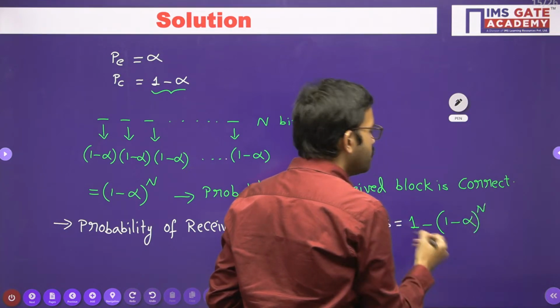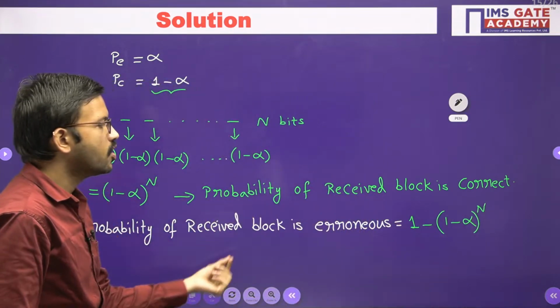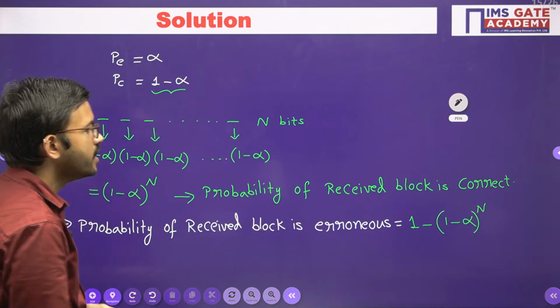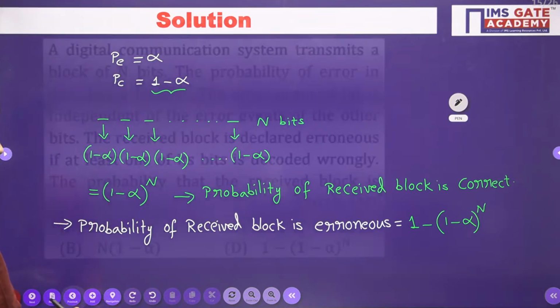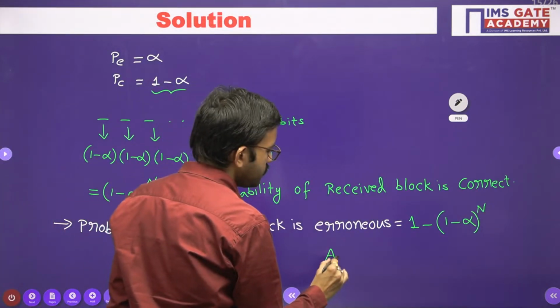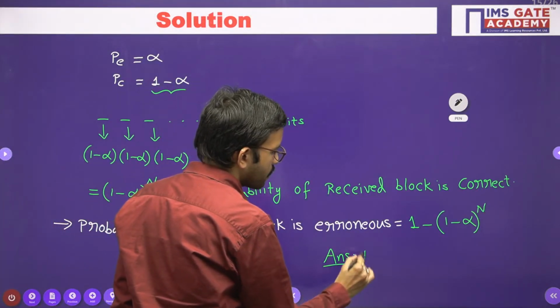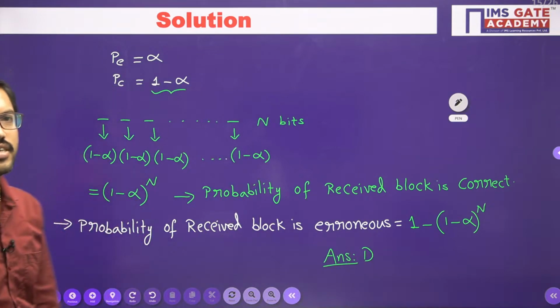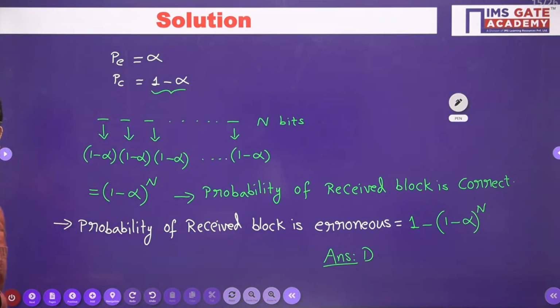So this is nothing but the probability that the received block is erroneous, that is 1 minus (1 minus alpha) whole power n. So option D is the correct answer, right? I hope it is clear for everyone.